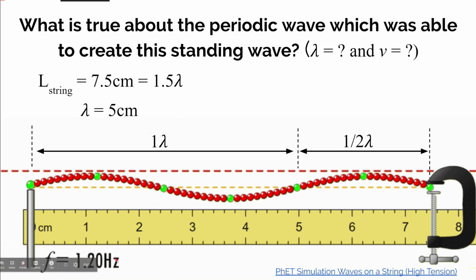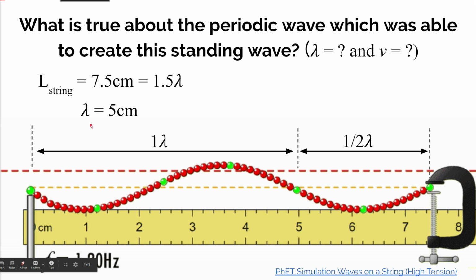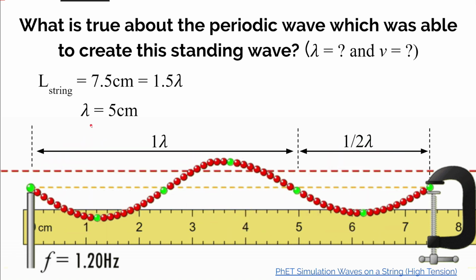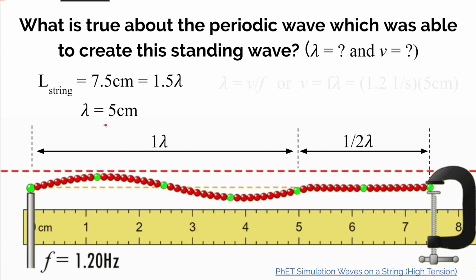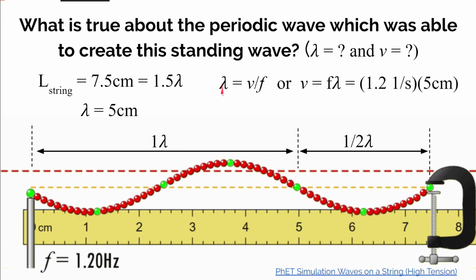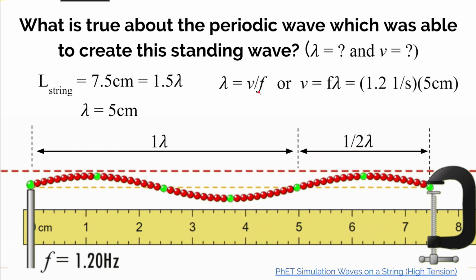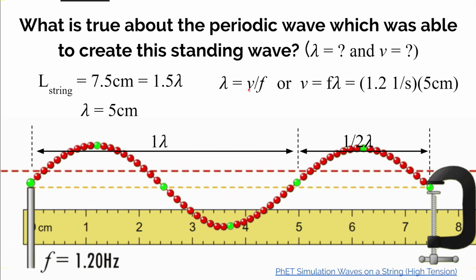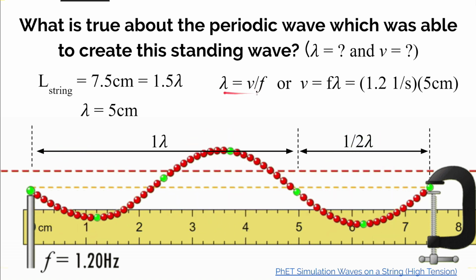Well, if we know the frequency of a periodic wave and we know its wavelength, we should be able to calculate how fast those waves are moving inside of the string, because we have an equation that tells us how wavelength, wave speed, and frequency are related. If we know the wavelength and we know the frequency and we're solving for wave speed, which is that v variable, we can multiply each side of this equation by frequency.